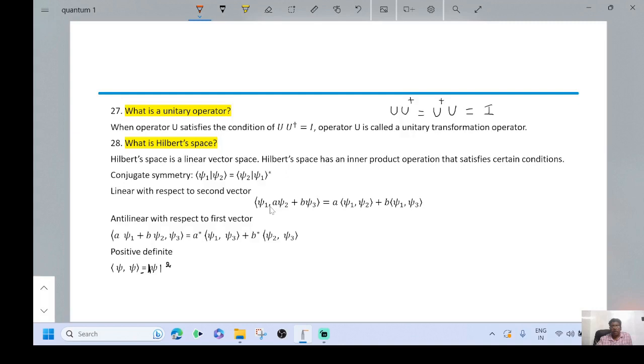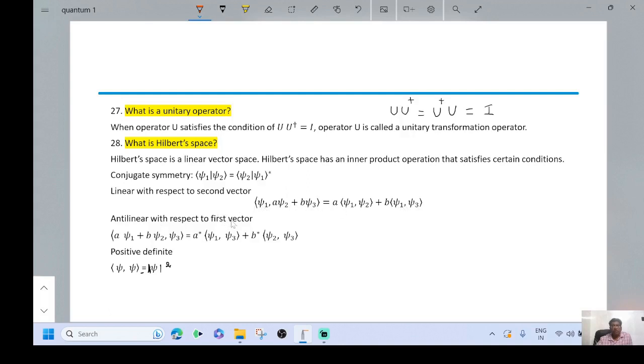Psi 1, comma, a psi 2 plus b psi 3. See here, psi 1 is in bra space, but a psi 2 plus b psi 3 is in ket space. This is equal to a times psi 1 psi 2 plus b times psi 1 psi 3.